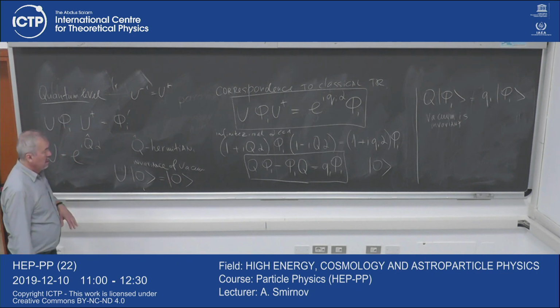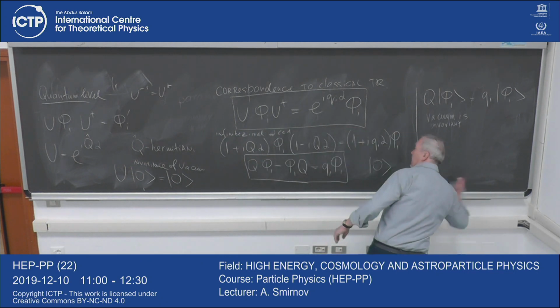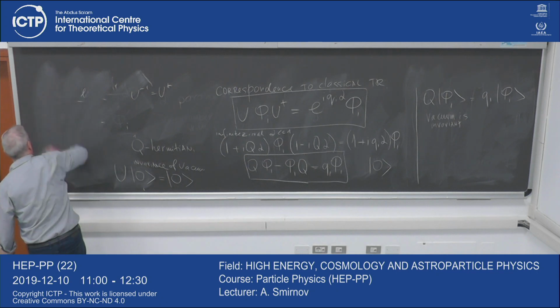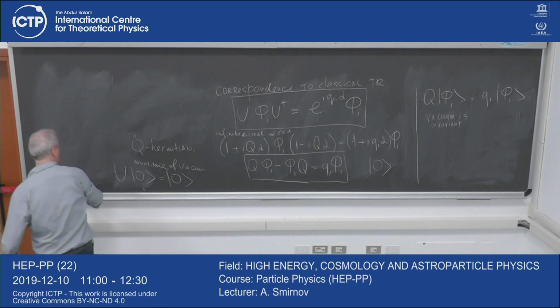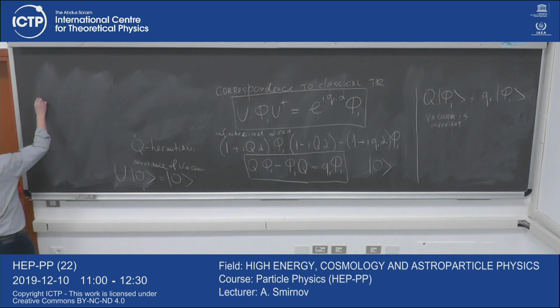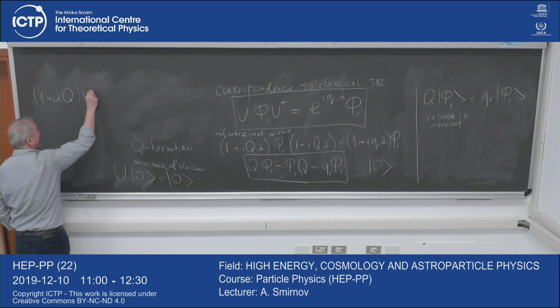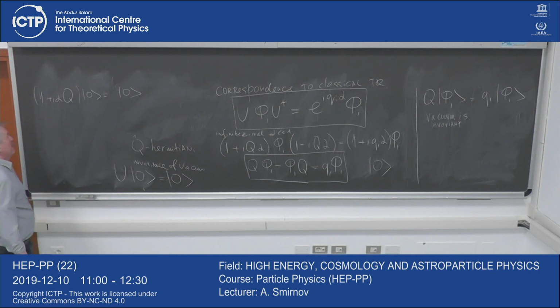Now let me again make this infinitesimal transformation. So this is 1 plus i alpha Q acting on the vacuum, and this is the vacuum, for infinitesimal.